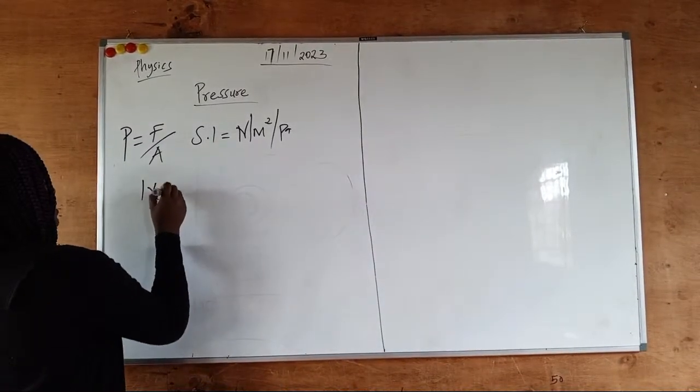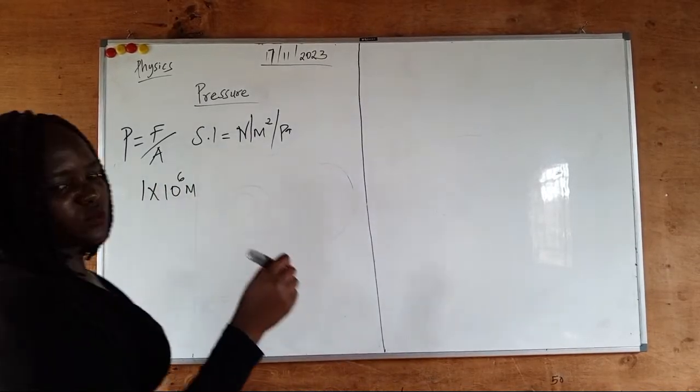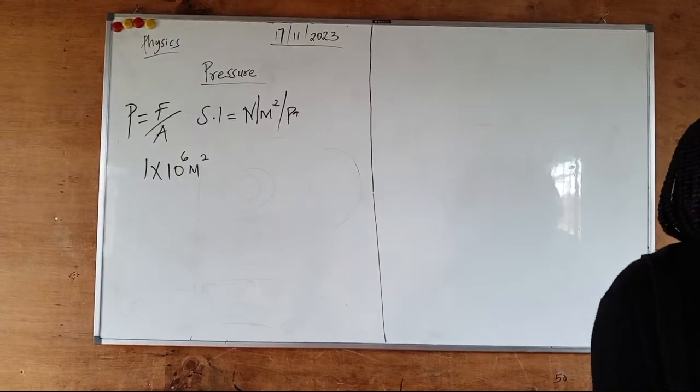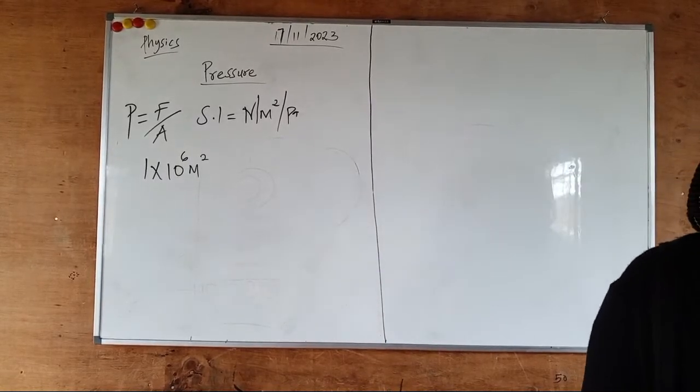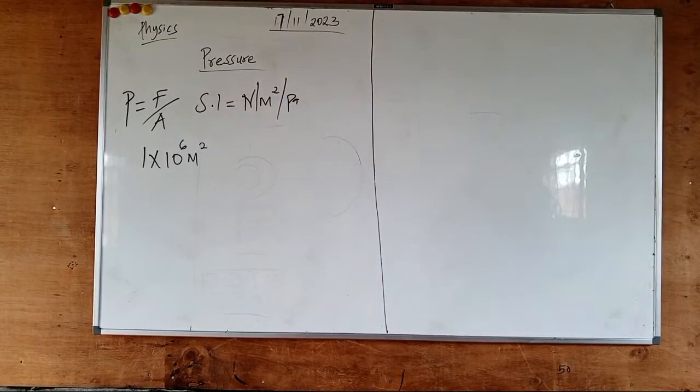That's the tip of the needle. What is the pressure exerted at the tip? Hiyo ni direct, a very direct one.